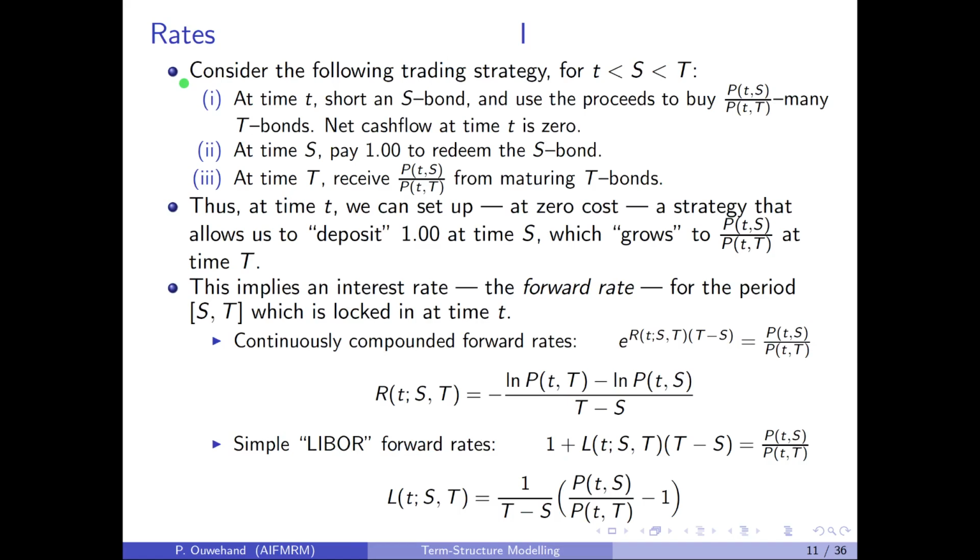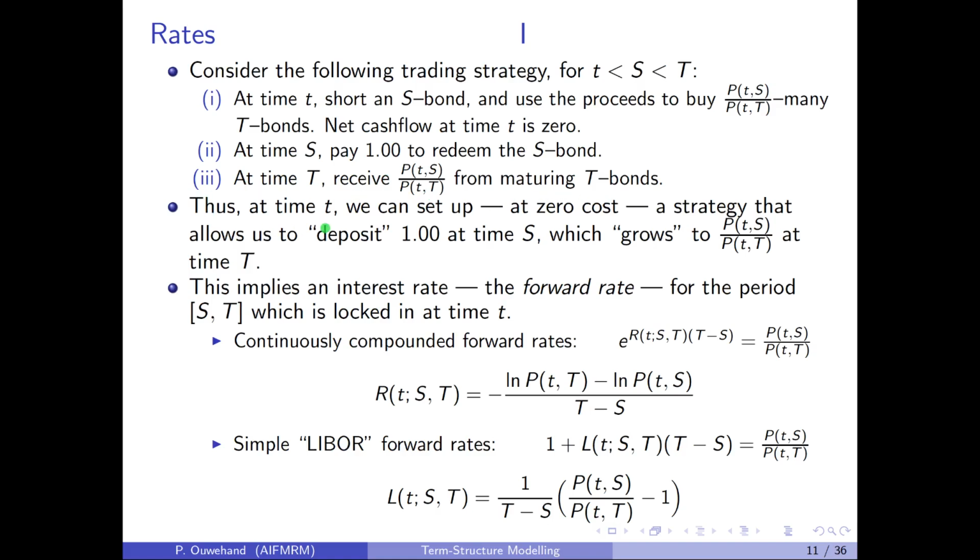So let's just go over that one more time. We have a trading strategy enacted at time little t, where we trade at the 3 times shown here. At time little t, we shorted an S bond and we used the proceeds to buy P(t,S) over P(t,T) many T bonds, so that the net cash flow at time little t is 0. At time S, we have to pay 1 unit of currency to redeem the S bond, and at time capital T, we receive P(t,S) over P(t,T) from the maturing T bonds.